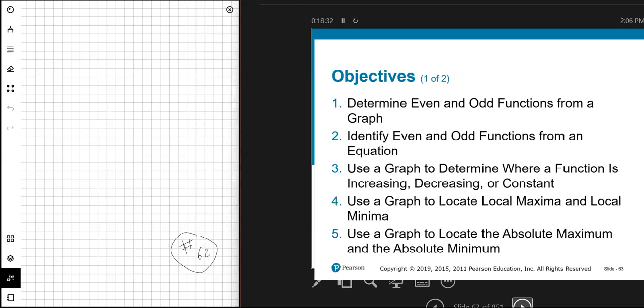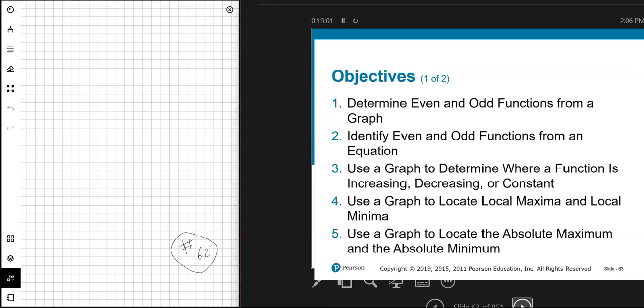And then we're going to use the graph of a function to locate any local maximums or local minima. Maxima and minima is the plural of maximum and minimum. I don't know why they insist on using the Latin plural form of these words, but they have.